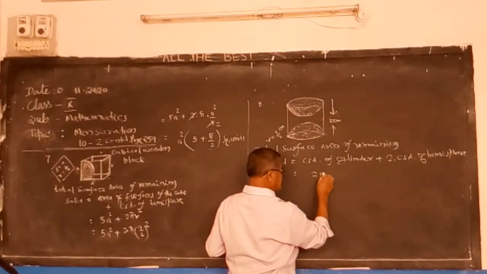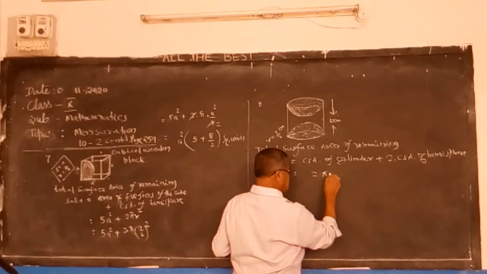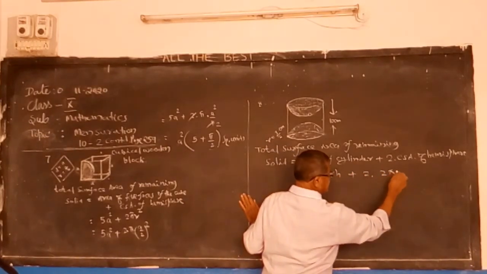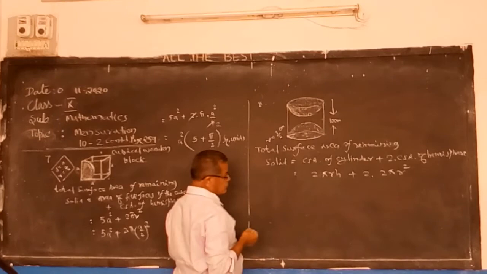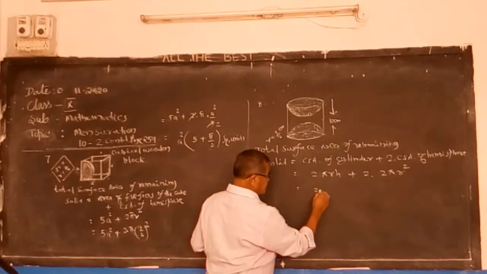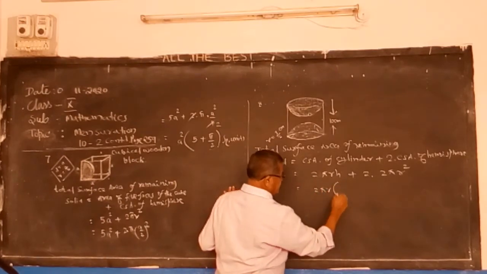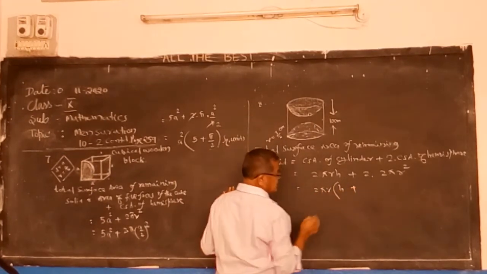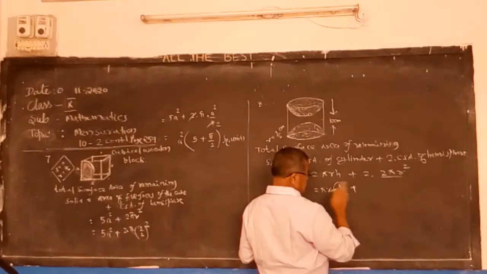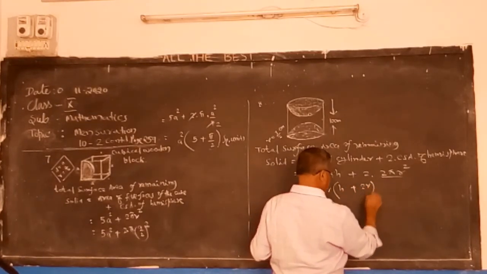CSA of the cylinder is 2 pi r h and 2 into 2 pi r squared. Substitute the values. 2 pi r common, here h remains, 2r remains.